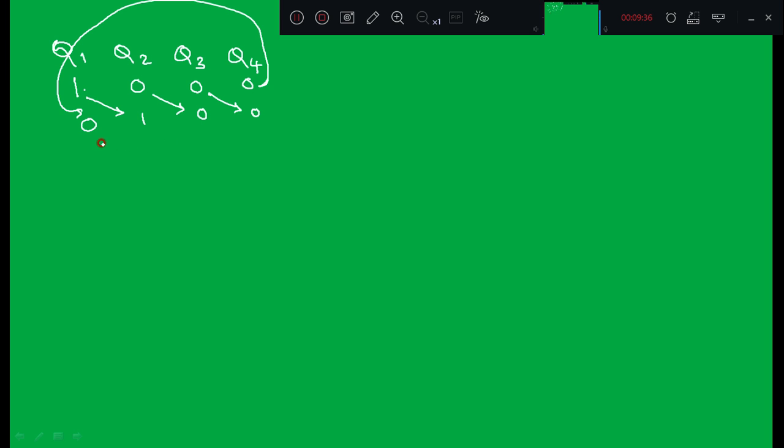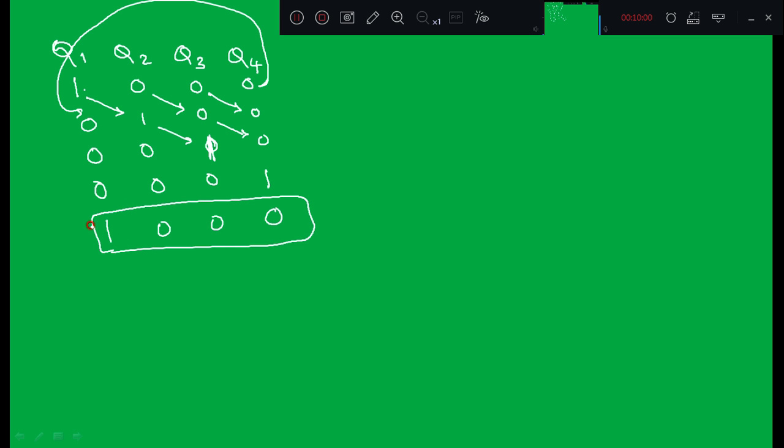Now when I apply the next clock pulse, this 1 got shifted towards right and this 0 will shift towards right, right? Now after application of the next clock pulse, this becomes 0 0 0 and 1, right? So again if I apply the next clock pulse, we will get the same state as we started with, right?